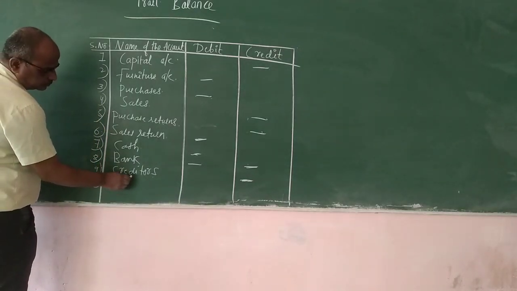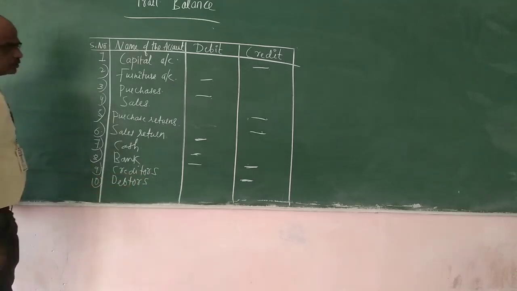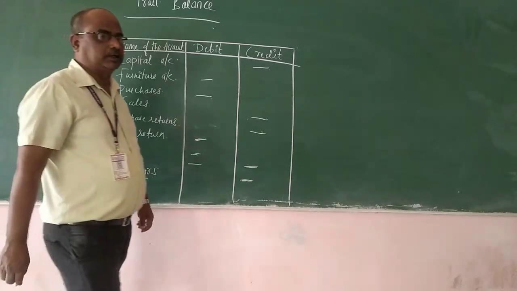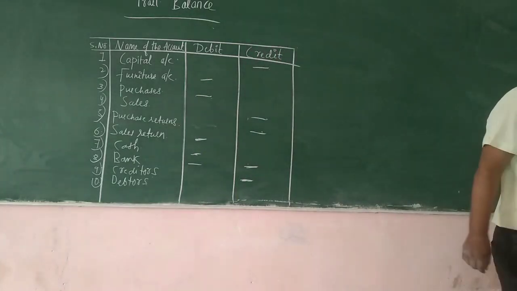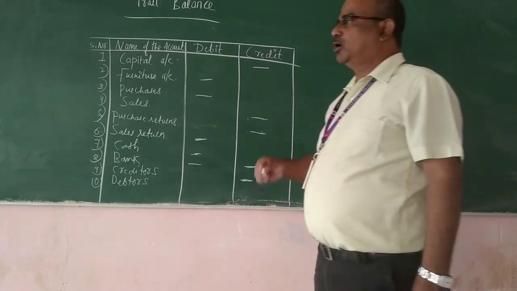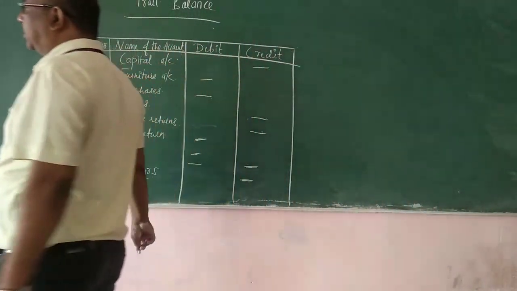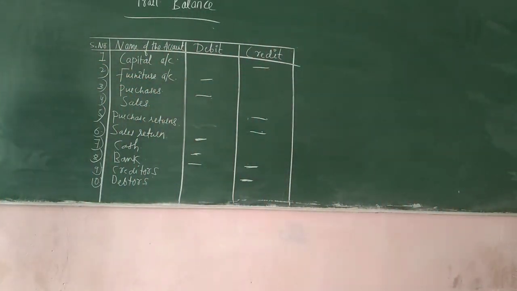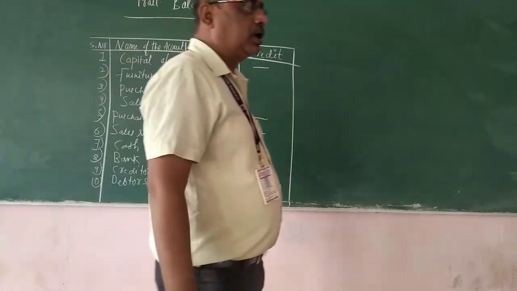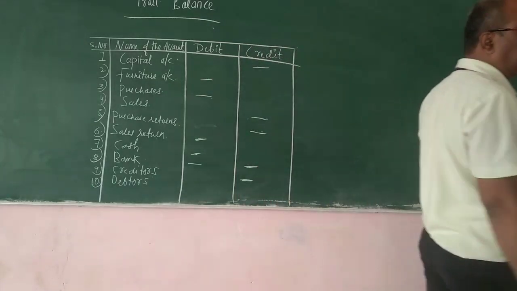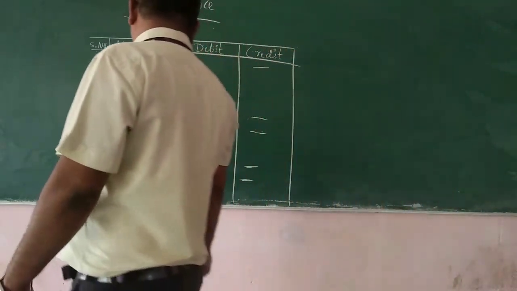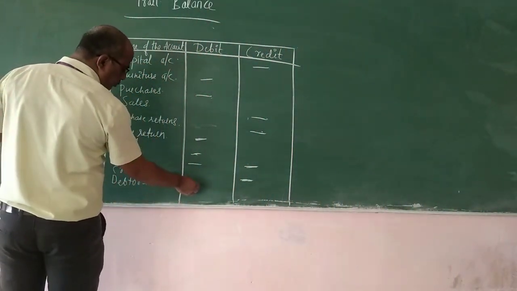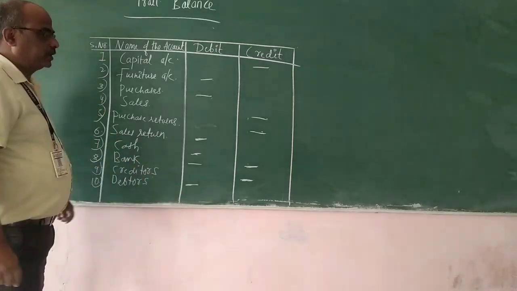Debtors means asset, because people owe you money. If you are selling goods on credit to any party or customer, that customer becomes your debtor. He is an asset for you because the amount is receivable from the debtors. Since it is an asset, an amount receivable, it will be debited.